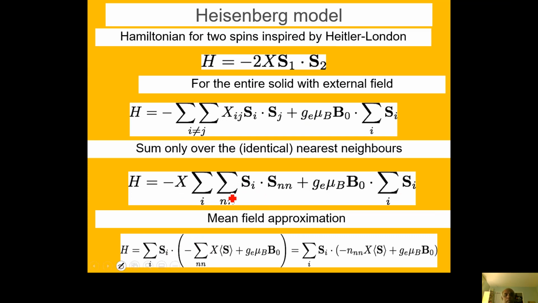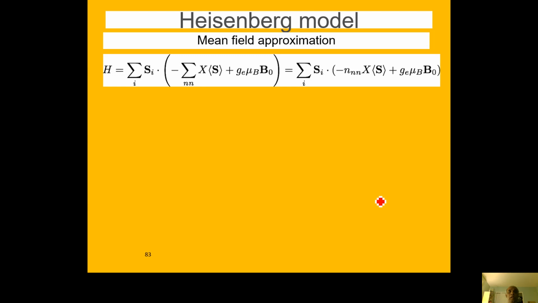Then this becomes the sum over nn of the average S, and you also get the term Ge mu B B0. So you can write this very easily. If this average S value is a constant term, you can take X out and you get the total number of nn terms, the number of nearest neighbors. You just take this out of the summation term, and then you can write it this way.